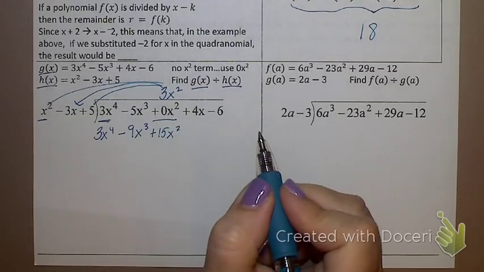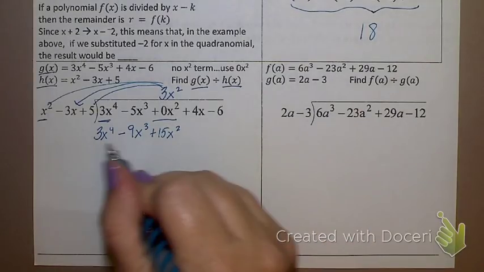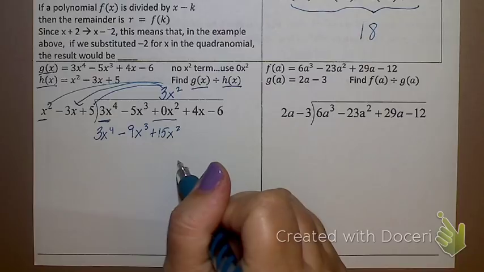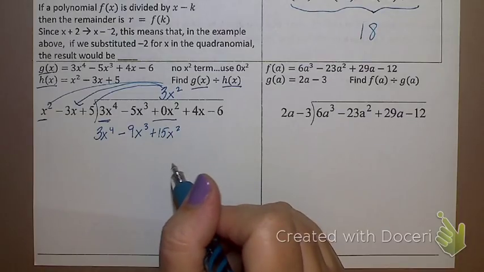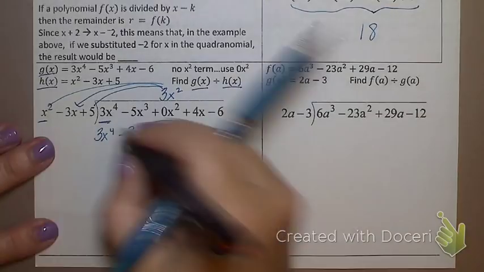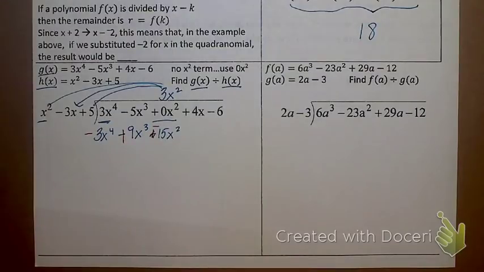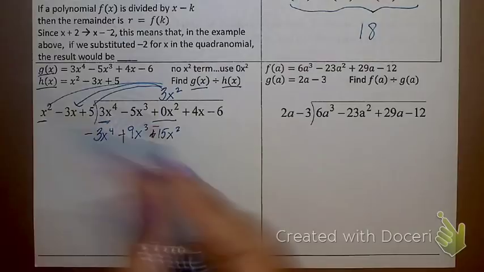Now, some people will try to save themselves some time and change the signs as they multiply. That gets very confusing. I really recommend just multiply, get your straight up answers, and then go back and literally change each one. It takes about the same amount of time, and it prevents a lot of confusion. Okay?